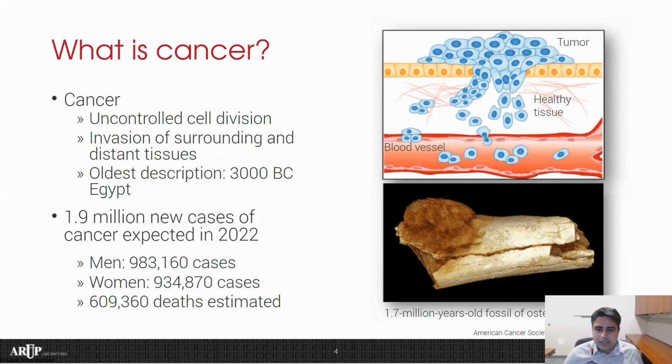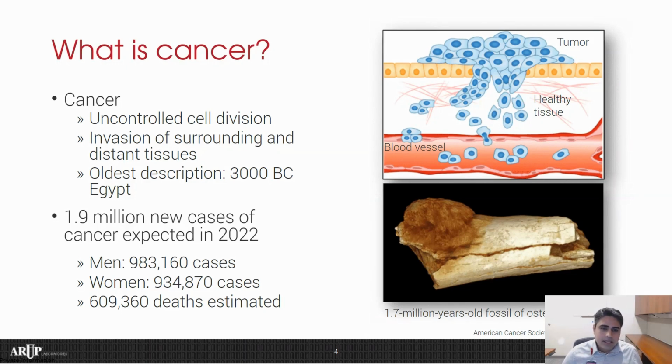So you can see on your top right that there is a tumor that is proliferating and it is invading the healthy tissue below. And these malignant cells that are now invading the healthy tissue can also gain access to distant sites through blood vessels. And that's how distant metastases occur.